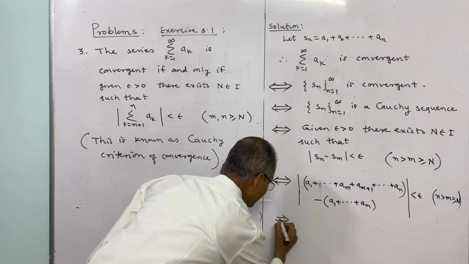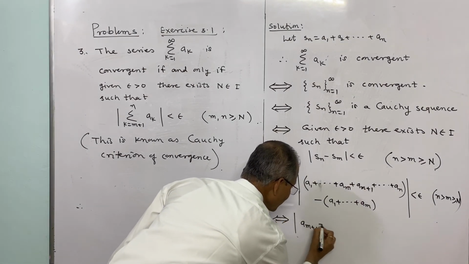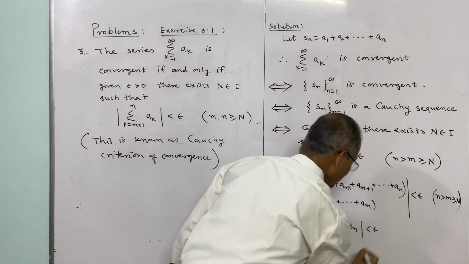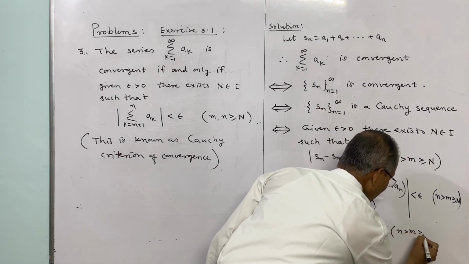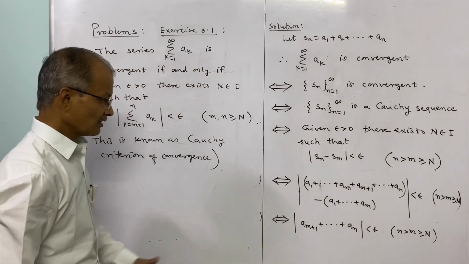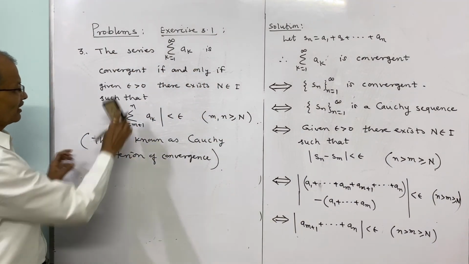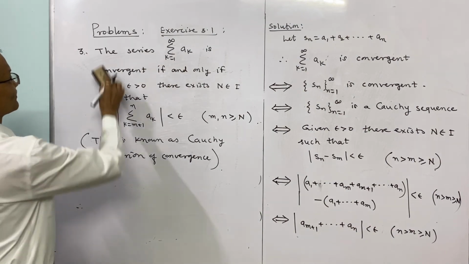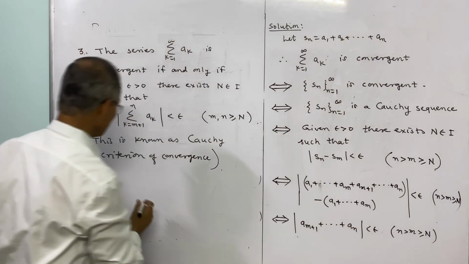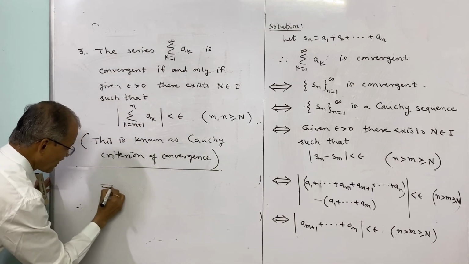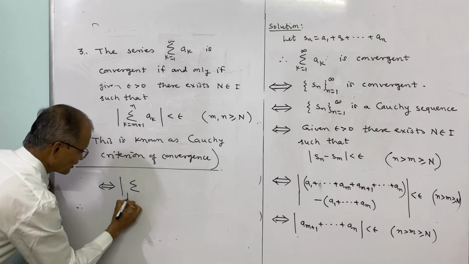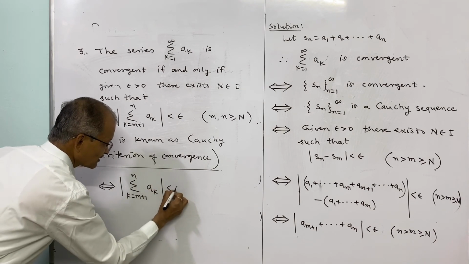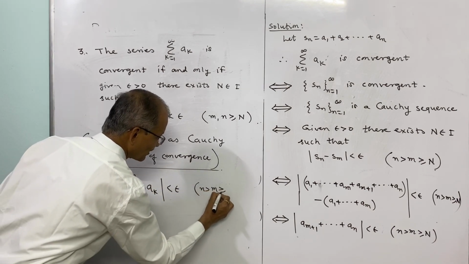So this implies and is implied by am plus 1 plus so on up to an being less than epsilon for n greater than m, both greater than or equal to capital N. This is exactly the notation: the summation of ak, k taking values from m plus 1 to n, is less than epsilon. Here n is greater than m, and m is greater than or equal to capital N.